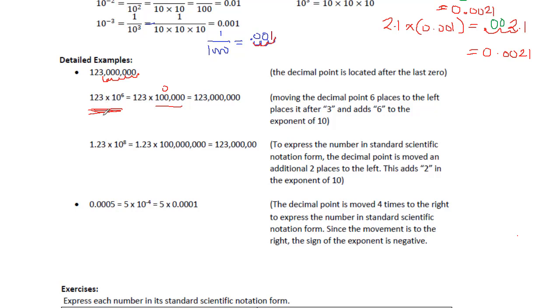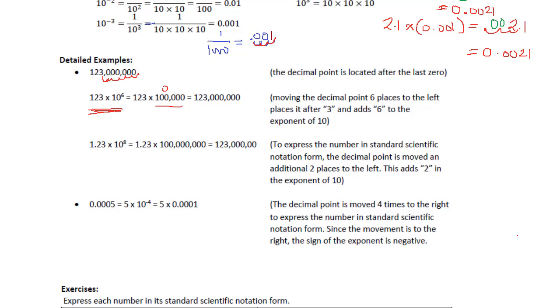But when we do scientific notation, as we have agreed on, the number here must be between 1 and 10, 1 and 9. 123 exceeds 10 already, so we don't stop here, but we stop until we get a single digit to the left of our decimal point.